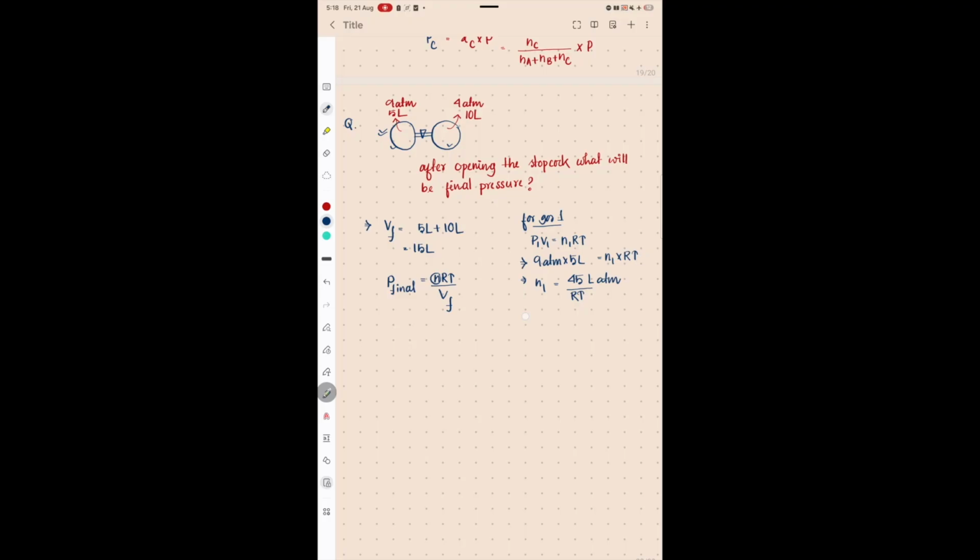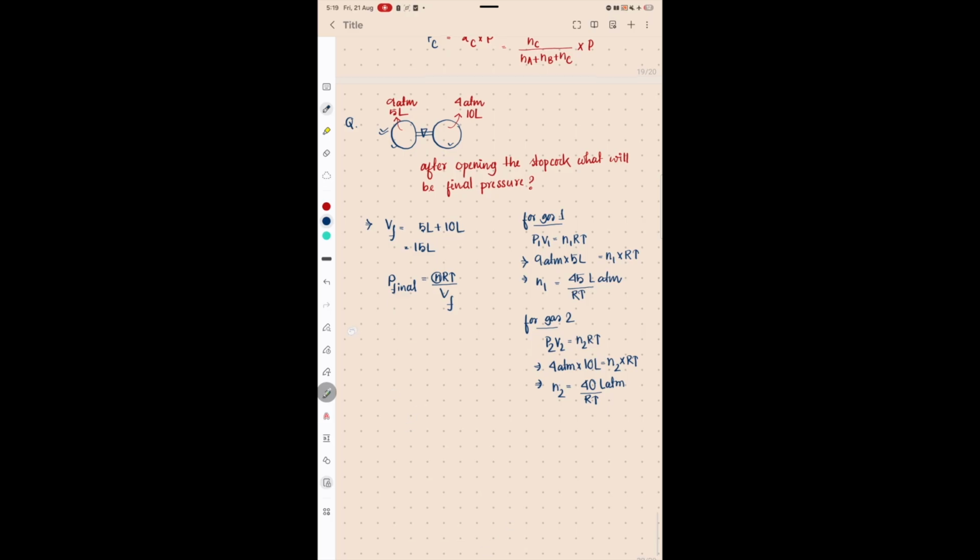Okay, so for gas 2 similarly we can find out, right? So for gas 2, P2V2 is equal to n2RT, or P2 is how much? 4 atm, right? And that is 10 liter, and say n2 into RT, or n2 is equal to 40 liter atm by RT, right?